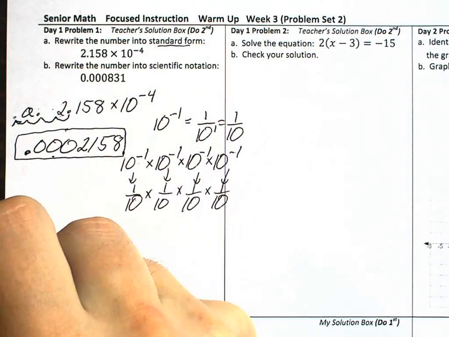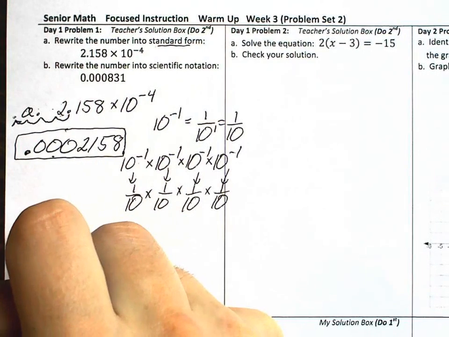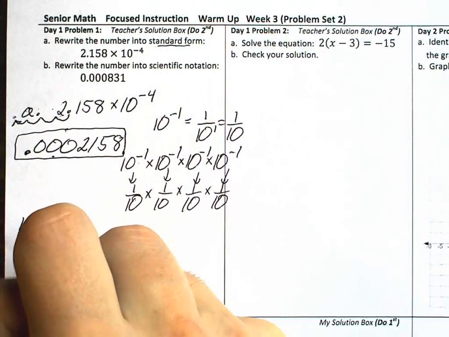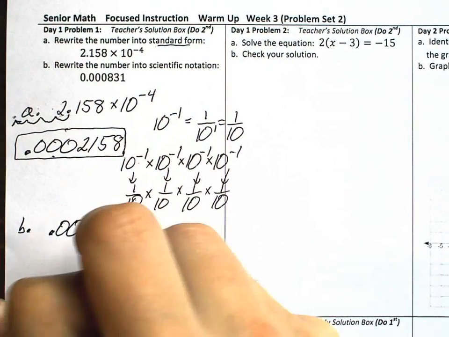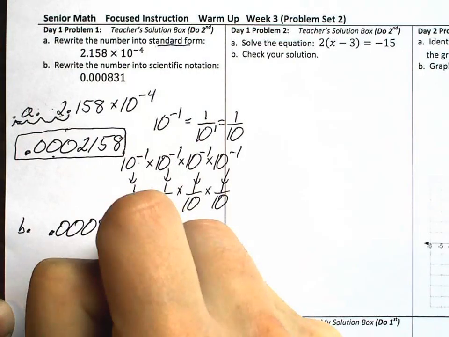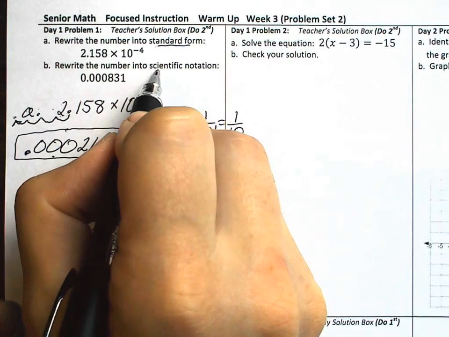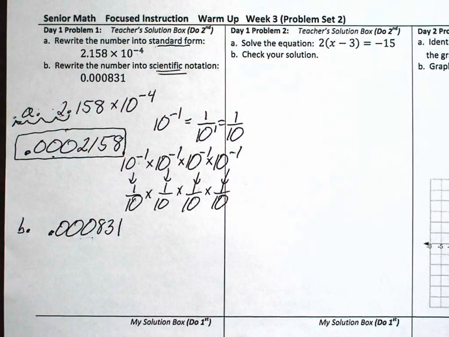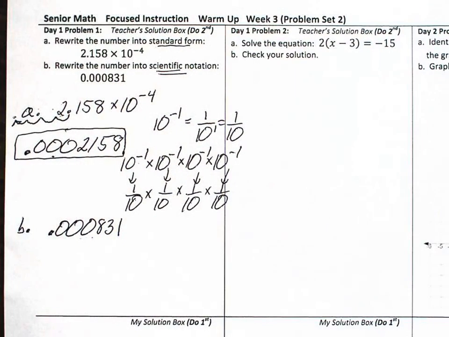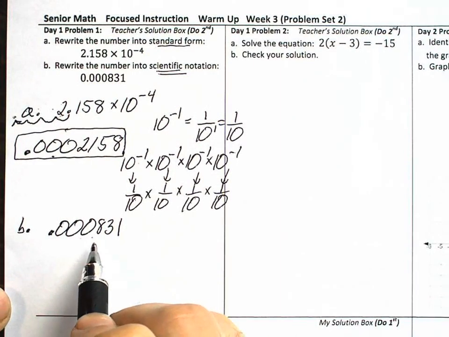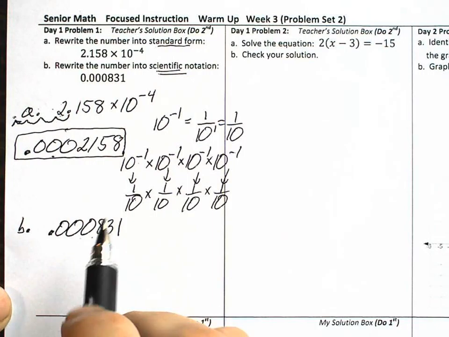Now part B. Here we have this number to begin with, 0.000831. This is a standard number, and what we're asked to do is to write this in scientific notation. Now again, the key to writing a number in scientific notation is to always have the decimal point so that there's one non-zero number to the left of the decimal point.